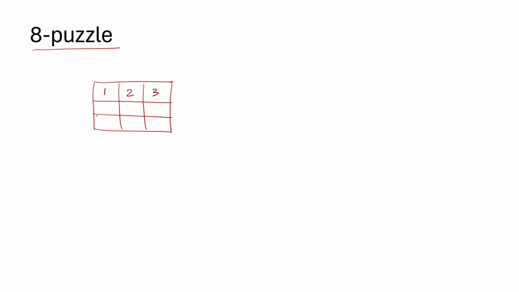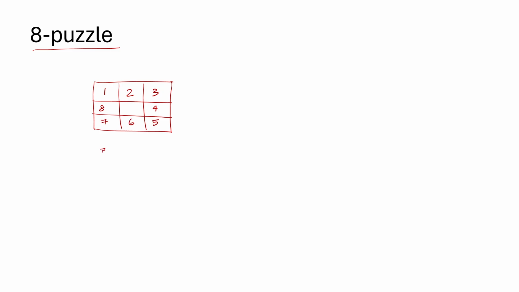Right. Now let us look at another example, what we call an 8 puzzle, just to show how the tree expands. Let us say the starting point of the puzzle is like this: 1, 2, 3, 8, 4, 7, 6, 5.